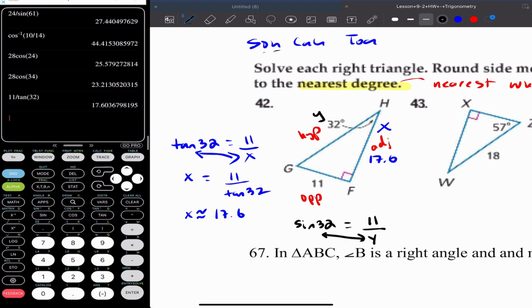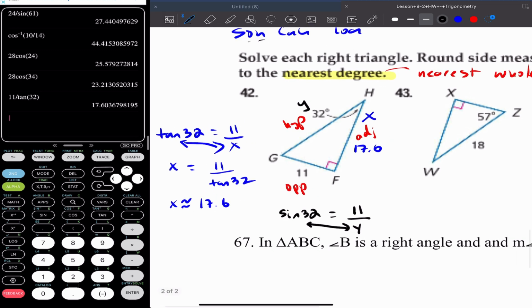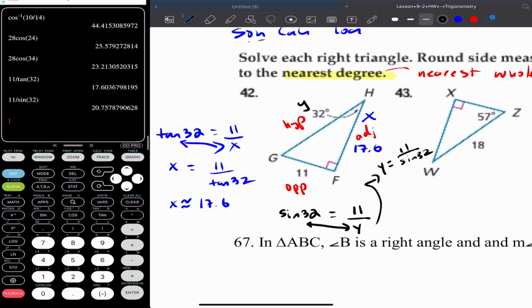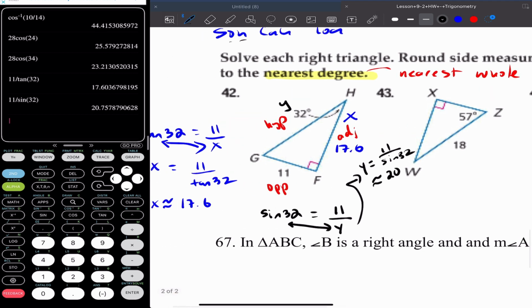So again, since your unknown is in the denominator, you're going to swap the places between sine of 32 and y. So that's going to give you y equals 11 over sine of 32. Put that in the calculator. That's approximately 20 point, round to the nearest tenth. Look at that. So 7 after the decimal is the tenths place, and that 5 will actually bump that 7 to an 8. So it's approximately 20.8.